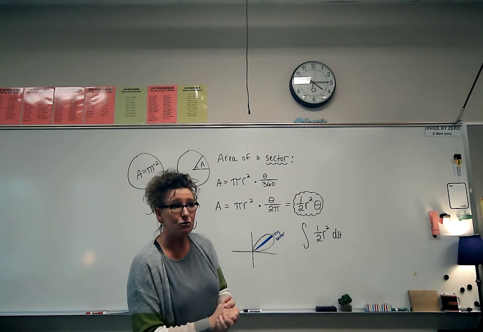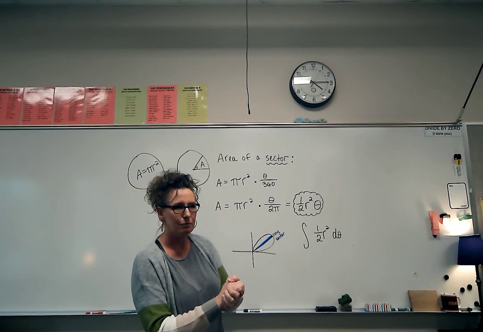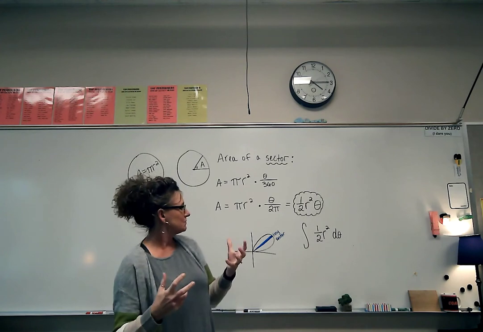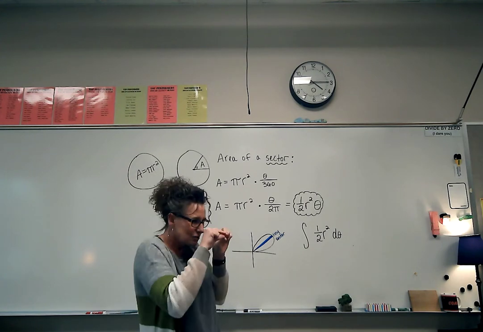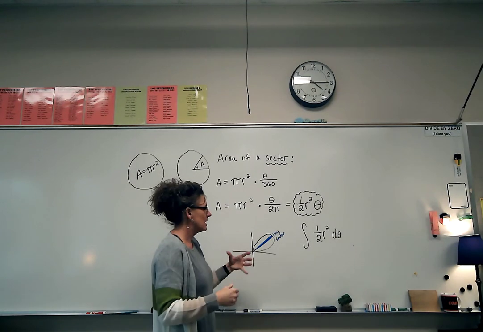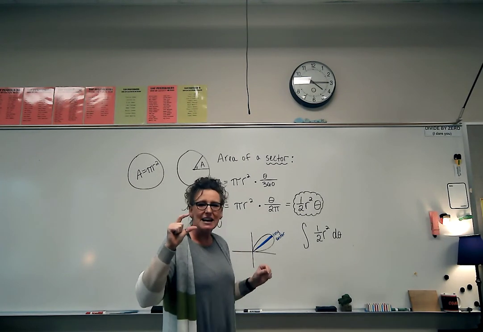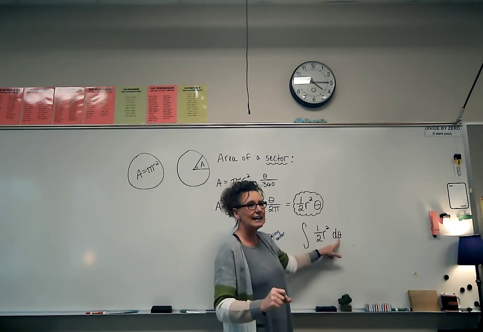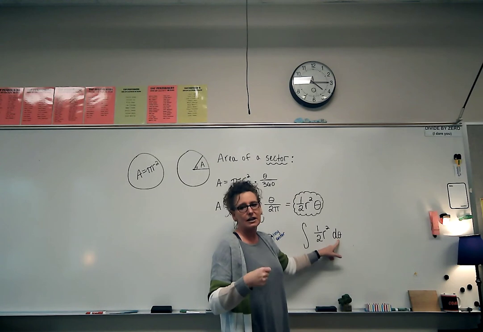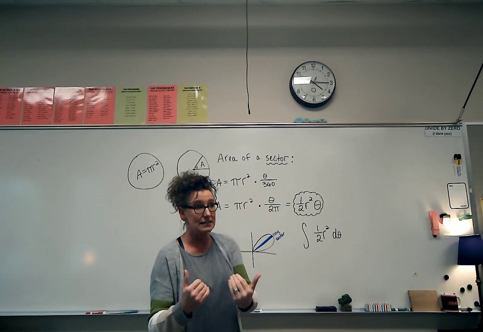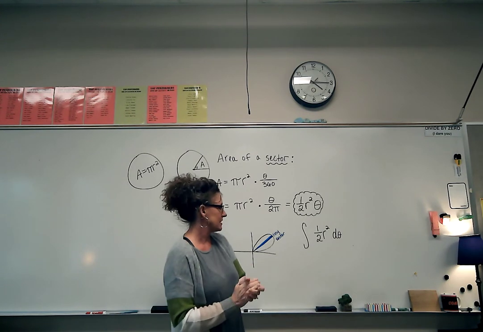Let's think about an infinite number of pieces of pizza. And I call them little slivers, like this little bitty sliver of a piece of pie. Infinite number of those. Well, how thick are they going to be? What's that angle measure going to be? It's going to be so tiny, so thin, we're going to call it d theta. Like we called the base of our rectangles dx, we're going to call these d theta.